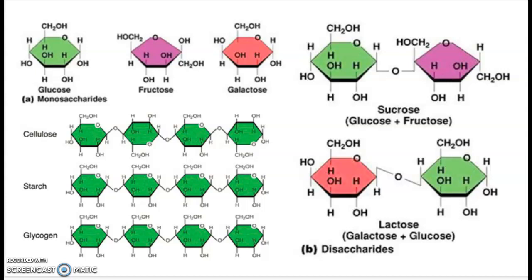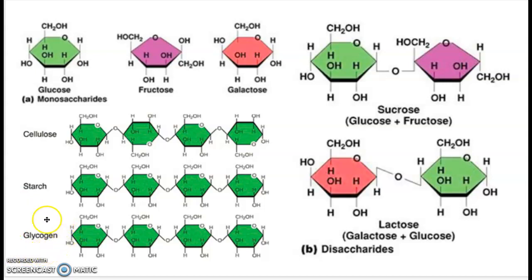So those are disaccharides. We can also have polysaccharides. So the structures that you see on the lower left, cellulose, starch, and glycogen, are polysaccharides. Cellulose and starch are both produced by plants, and cellulose we would think of as fiber, or the thing that we would eat as fiber, or even wood in trees.